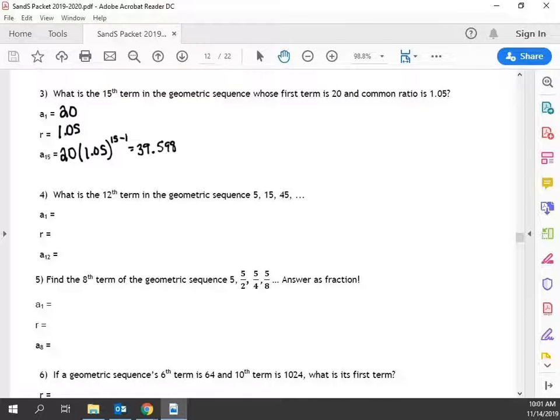All right, so what is the 12th term of the geometric sequence whose terms are 5, 15, 45? So what is the first term, guys? 5. What's the common ratio? 3. So let's figure out what the 12th term is. 5 times 3 raised to the 12 minus 1 power. Oops, not divide.